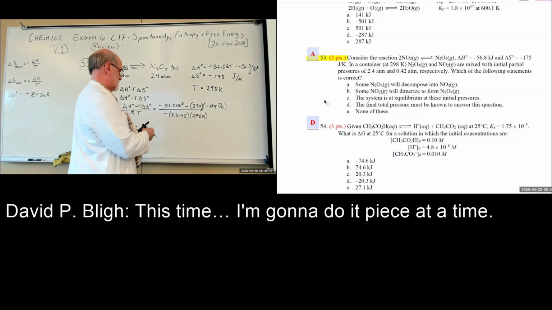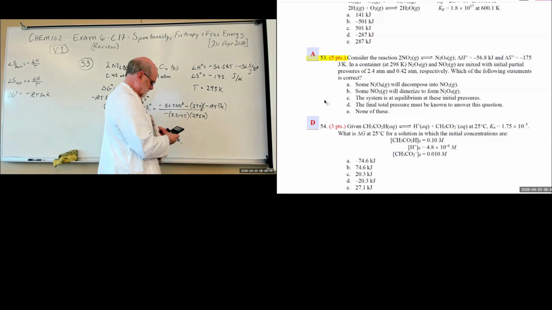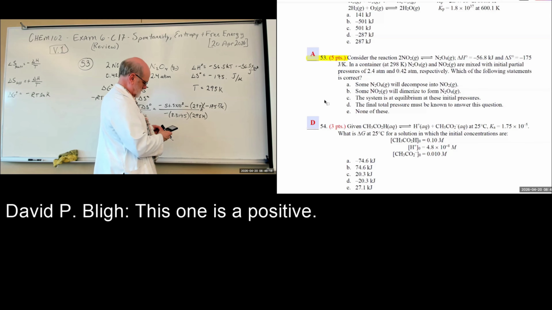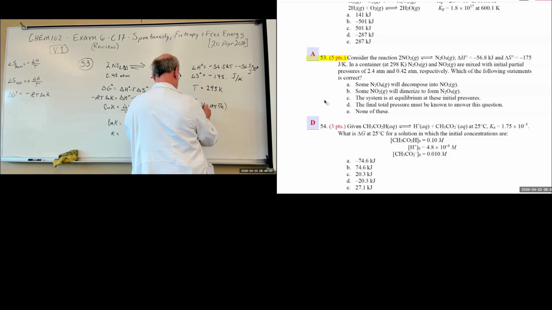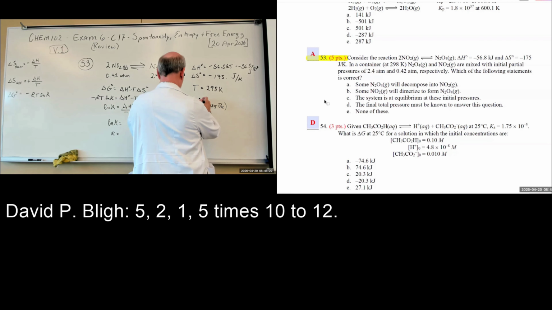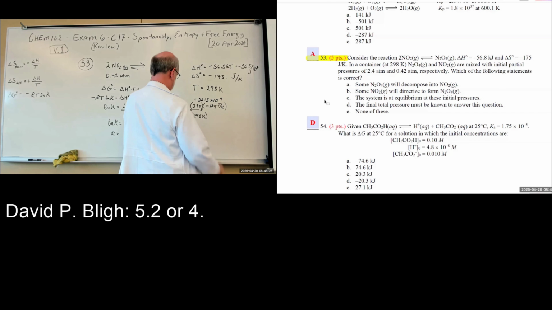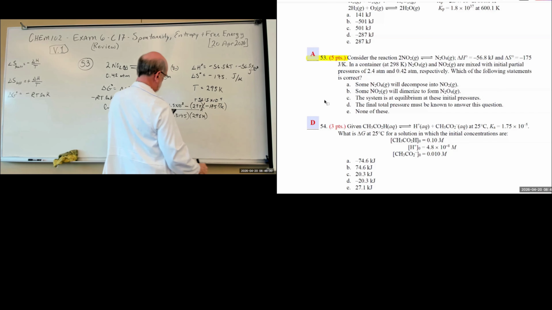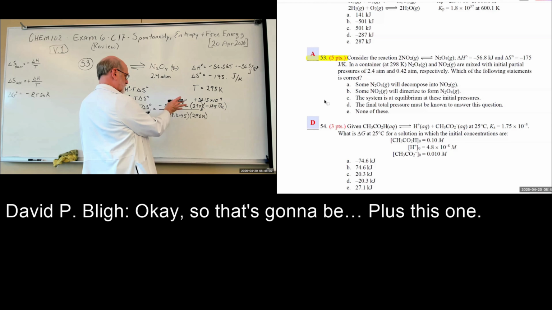This time, I'm going to do it piece at a time. This one is a positive. 5.215 times 10 to the 4. Okay, so that's going to be plus this one.